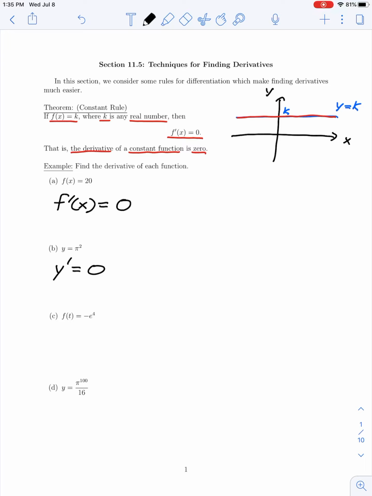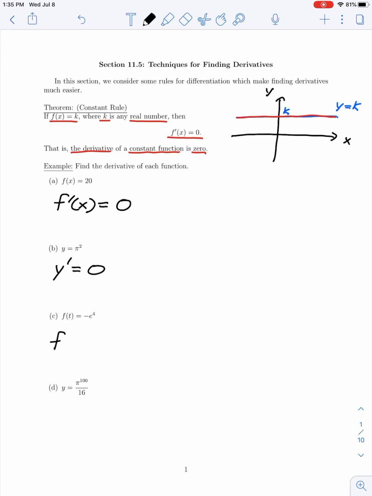So recall, if we have a function defined as y in terms of x, its derivative can be denoted as y prime. Now in part C, we have f of t is equal to negative e to the fourth. Now e is just a real number, so taking negative e to the fourth is still just some real constant value.